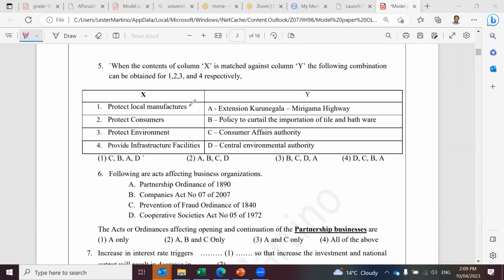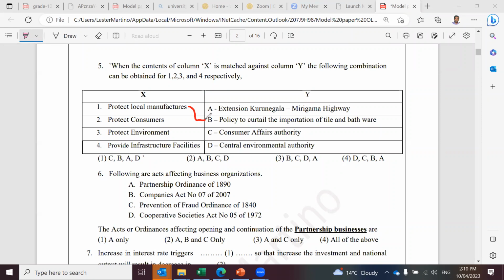Protect local manufacturers. The policy to curtail importation of tile and bathware. So we had this in the last couple of times, so that can be tested. This is an important one. We restrict all the imports. You know, Dhammika Perera's Royal Ceramic and Lanka Tiles, their business has boomed because they restrict all imports.